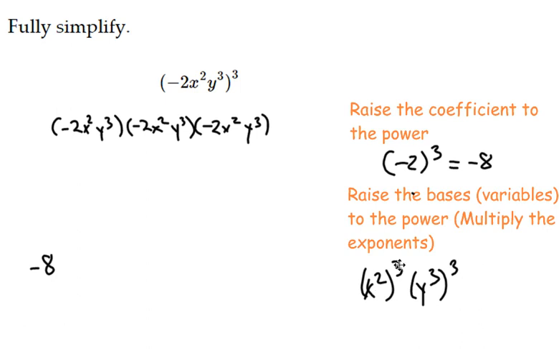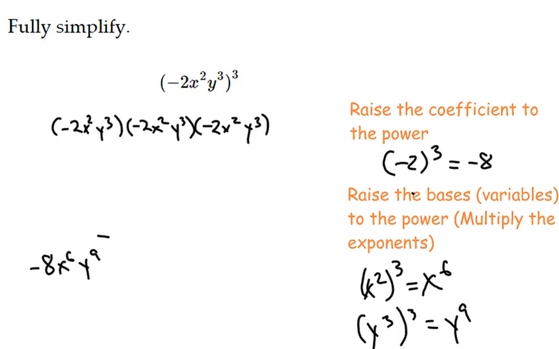So x squared raised to the third power is going to give us x to the 6th. When you raise a power to a power, you multiply the exponents, not add like before. And y to the third raised to the third is going to give us y to the ninth. So we get negative 8, x to the sixth, y to the ninth.